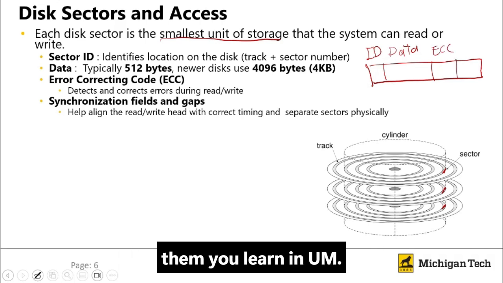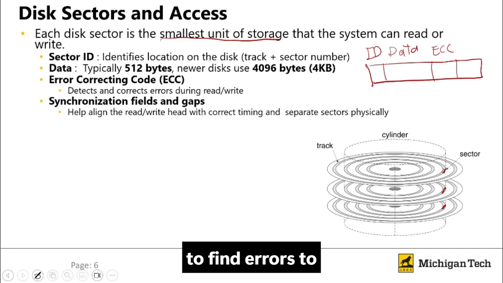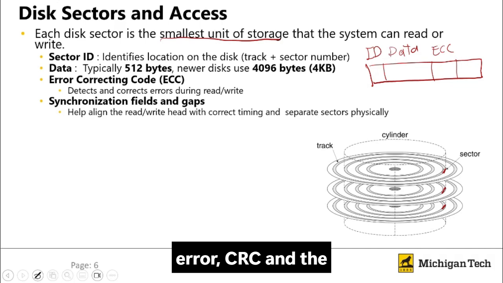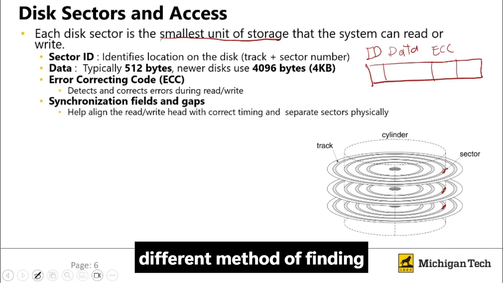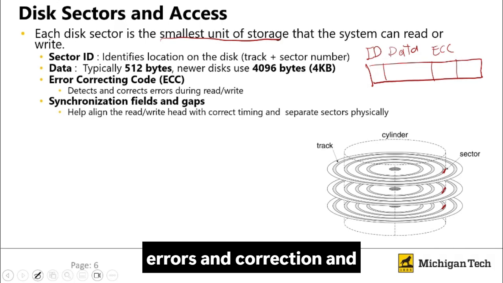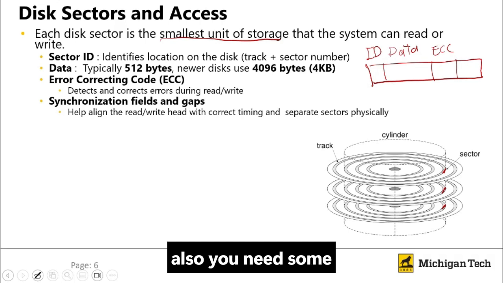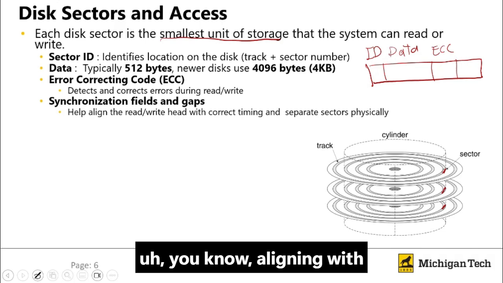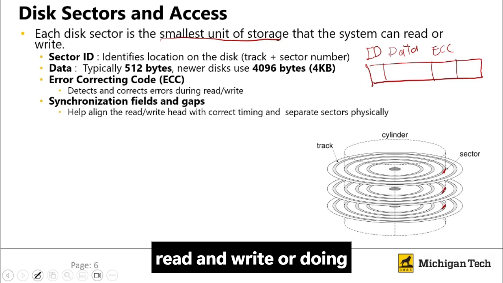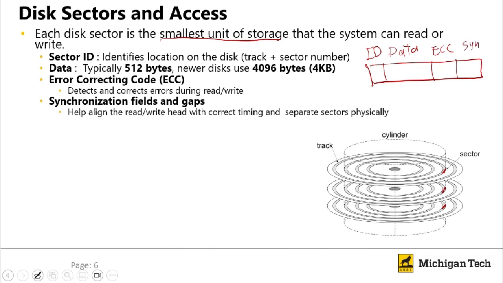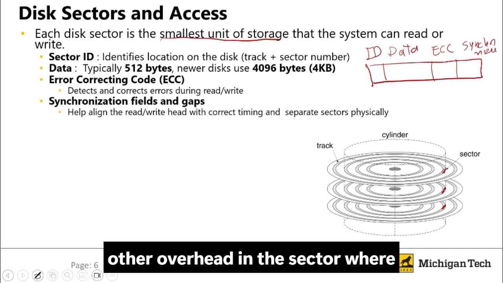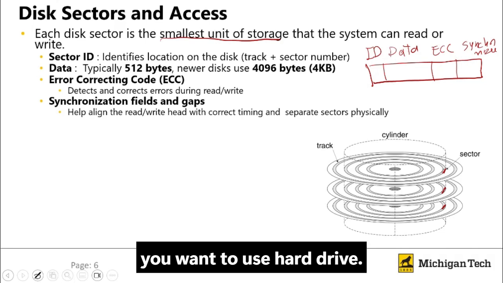Some of them you learn in digital logic, to find errors and correct them, like parity error, CRC, and different methods of finding errors and correction. And you also need some gap for synchronization, aligning with read and write, or doing timing. So you have lots of other overhead in the sector when you want to use a hard drive.